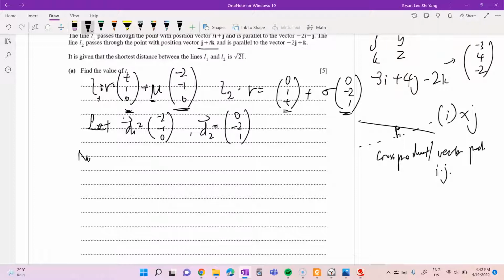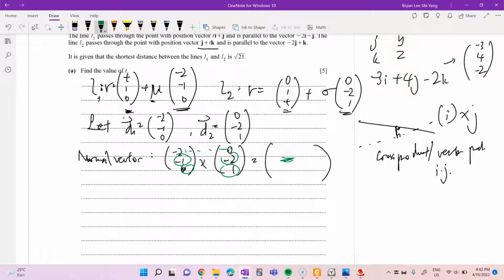So normal vector, negative 2, negative 1, 0 times 0, negative 2, 1. Okay, for the calculation of this, one simpler trick is, for this one, we neglect the first row. Then we see this one times this one minus this one times this one.